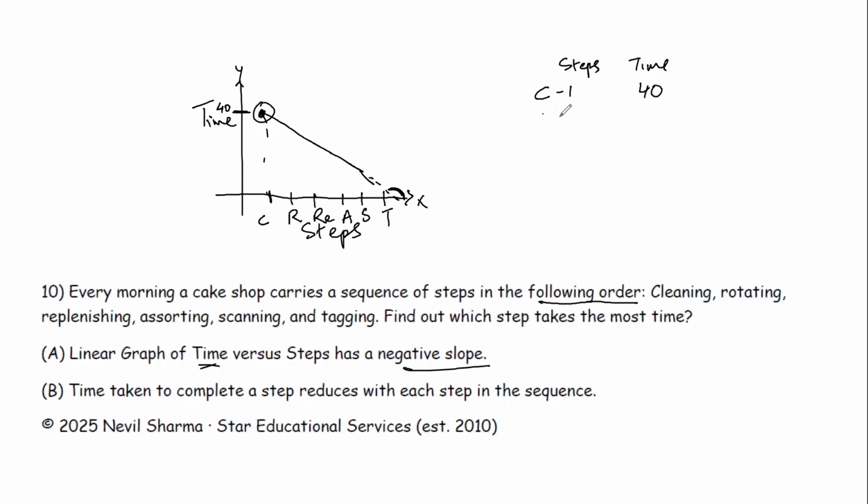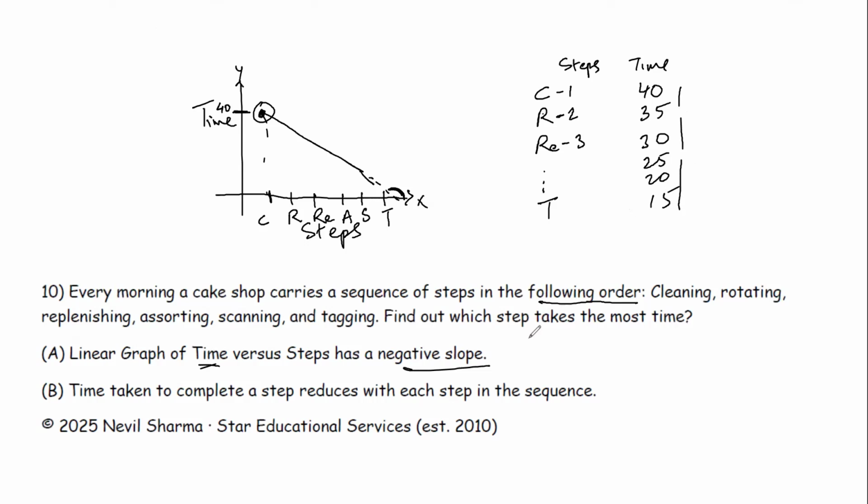Then let's say step two is rotating, and it takes 35 minutes. And then we have replenishing, the third step, which takes 30 minutes, and so on and so forth. We have the last one, tagging. So we have 25, 20, and 15. So we have these 6 steps out here.